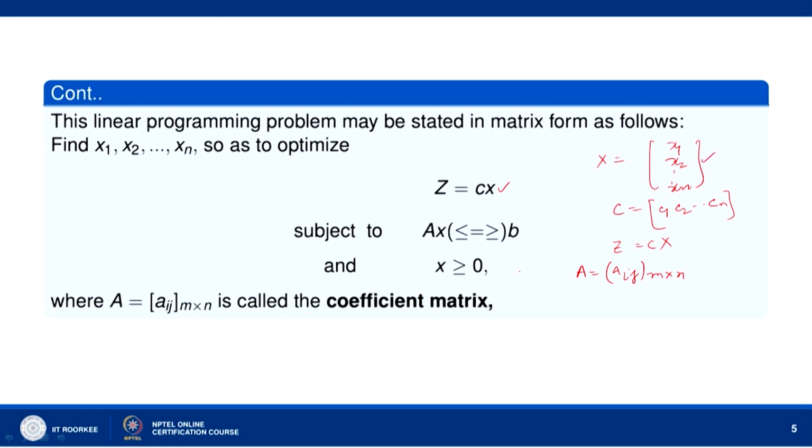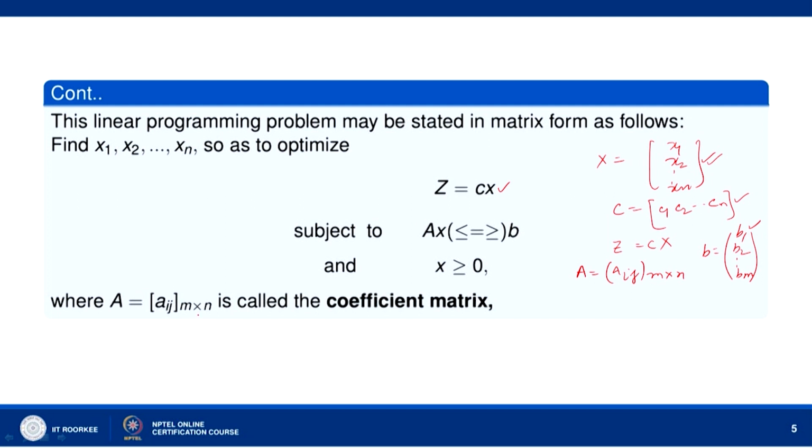So, Ax will give you Ax less than or equal to or greater than or equal to b, b is equal to the column vector b1, b2, there are m equations, b1, b2, bm. So, b is a column vector, x is a column matrix, c is a row matrix, and A is an m by n matrix.